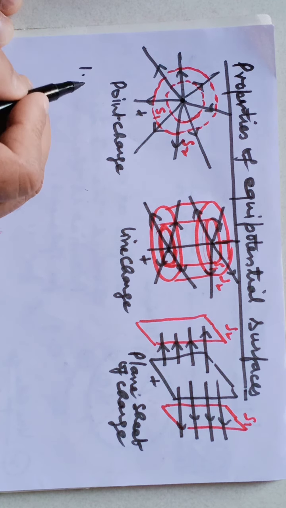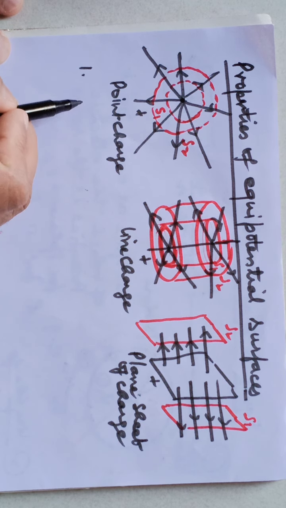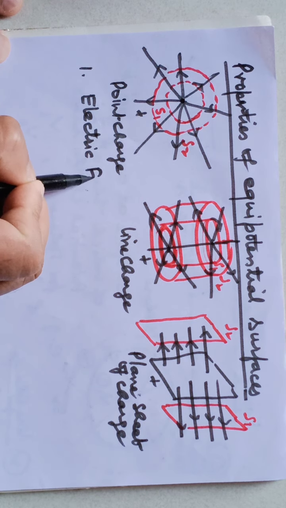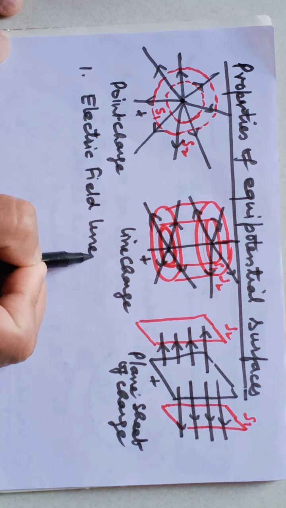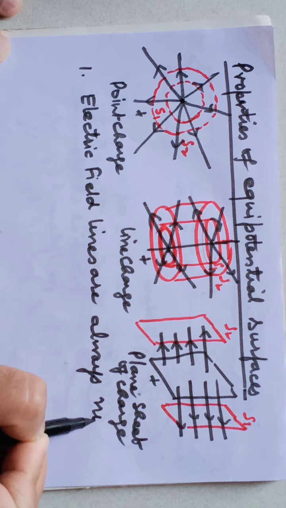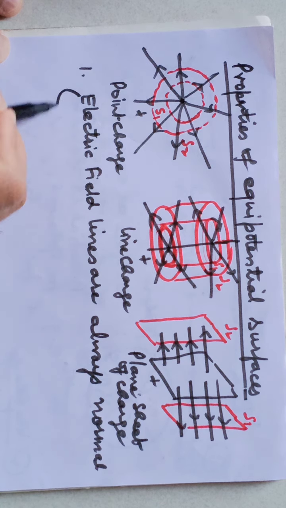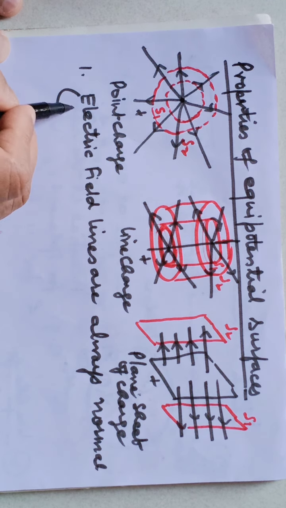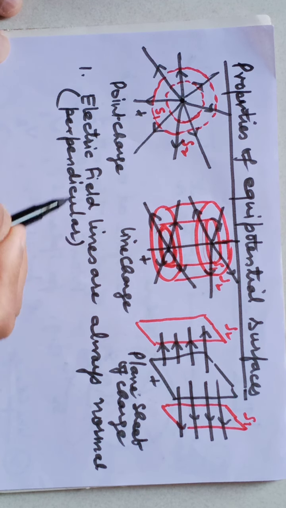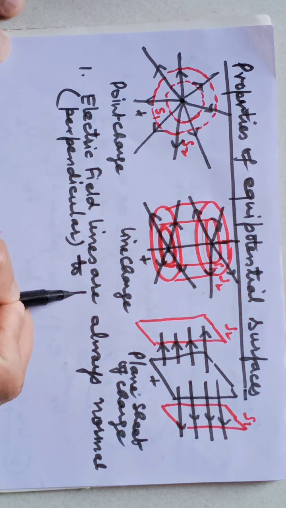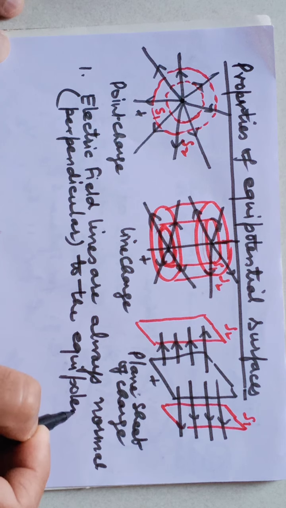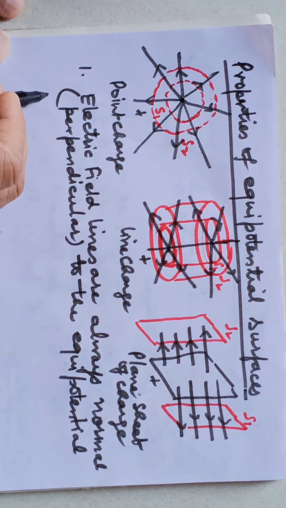So the first property is: electric field lines are always normal, or in case of a plane sheet, perpendicular, to the equipotential surfaces.